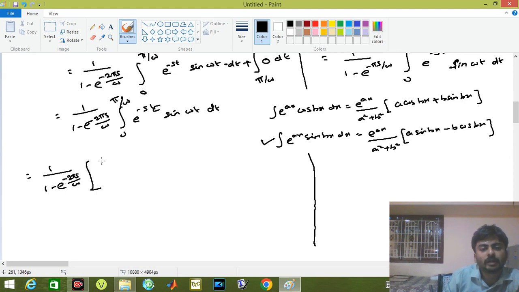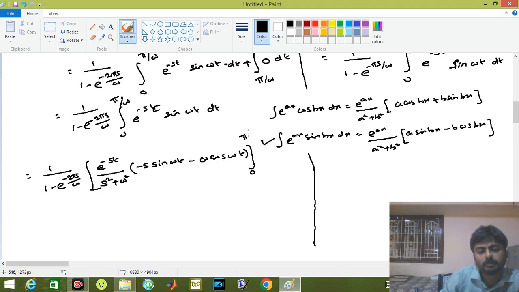This value will become e power of at, where a is minus s, so e power of minus st divided by minus s the whole square, which is s square plus omega square, of minus s sine omega t minus b cos omega t, where b is omega. The limits are 0 to pi by omega.